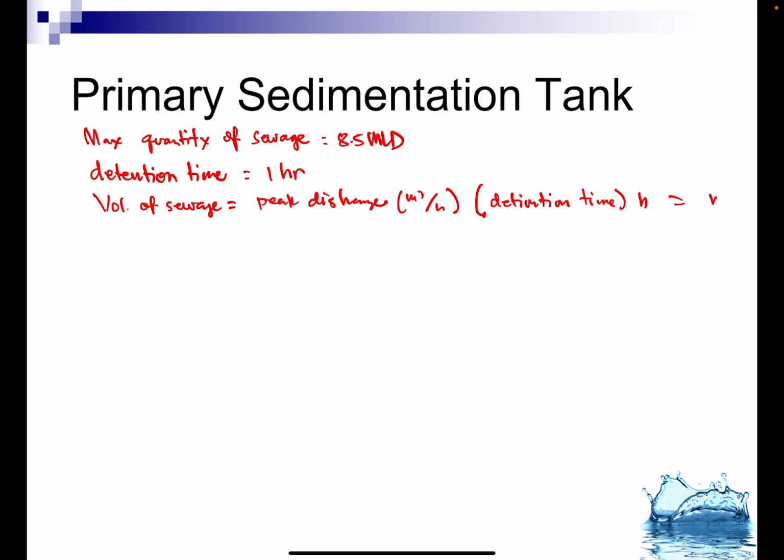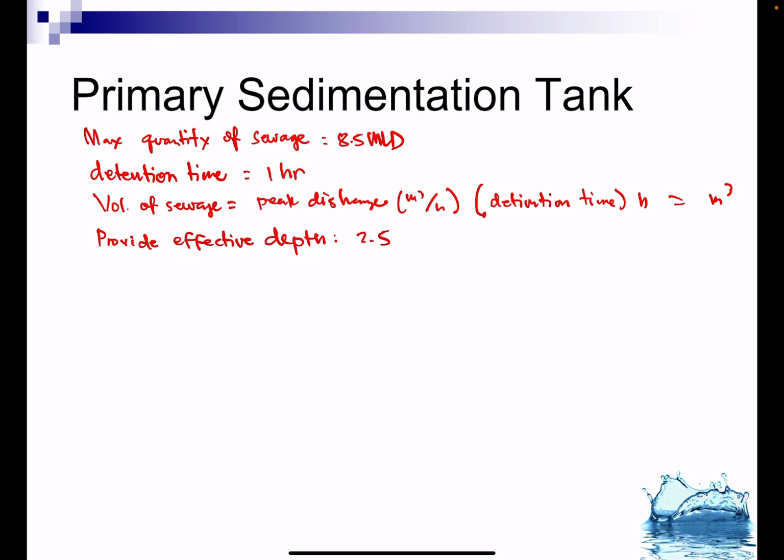So you get that in cubic meters. Now provide for the effective depth. This provision is assuming it's 2.5.